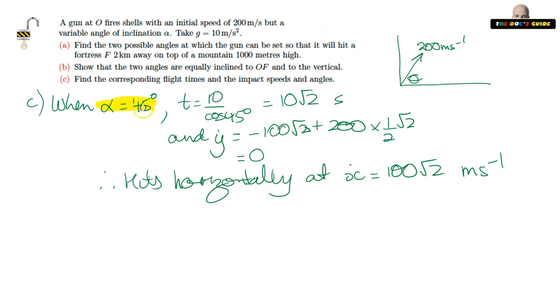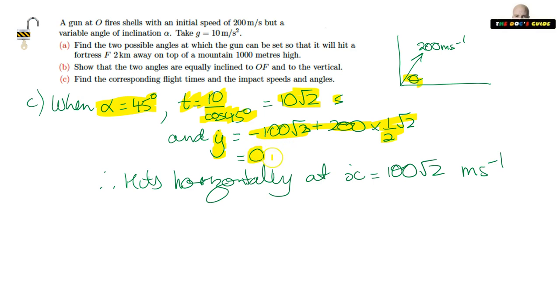So when we look at 45 degrees, so obviously I've picked the easiest one, then the time of flight becomes 10 on cos 45, which is 10 root 2 seconds, and the vertical velocity, when we plug 10 root 2 into our equation here, is going to work out to be 0. So did I just say horizontal? I meant vertical. So the vertical velocity is 0.